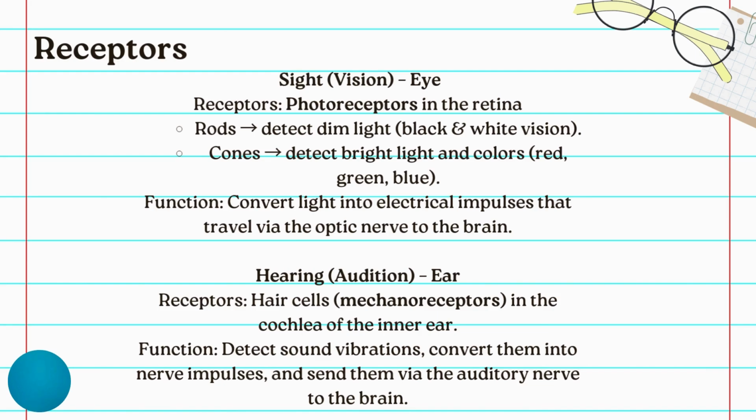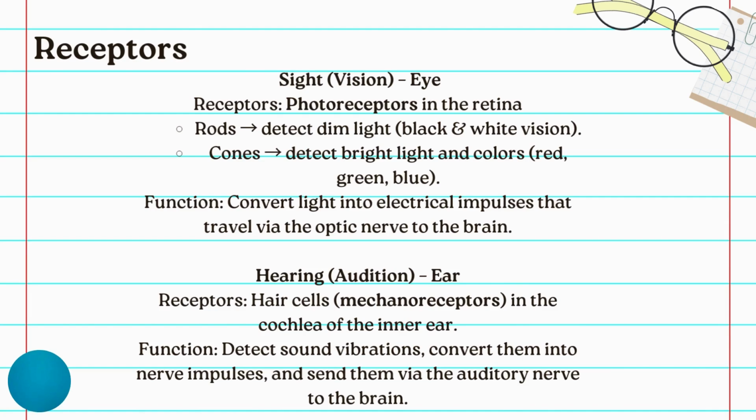Those are your receptors. That part is able to pick up stimulus. Stimulus is any change in your environment, and then those receptors send messages with the help of sensory neurons or nerves to your brain, and then your brain interprets what needs to be done.